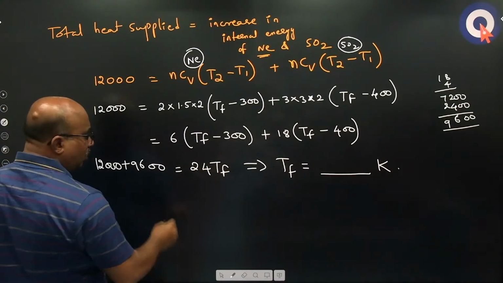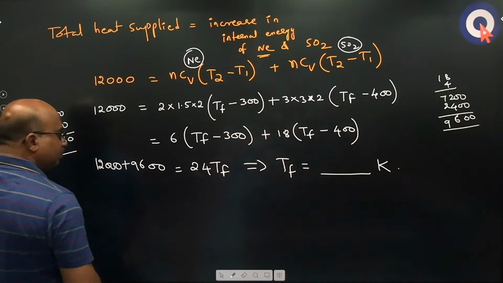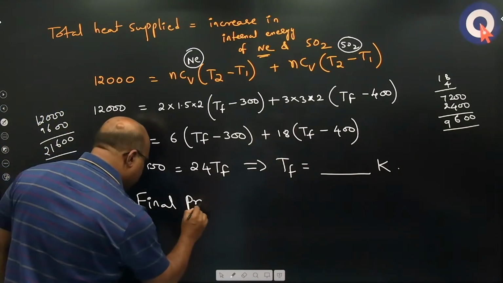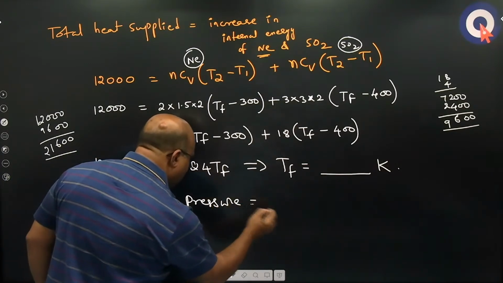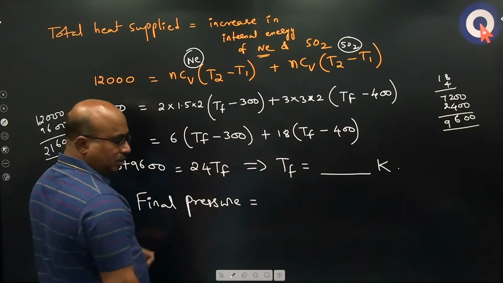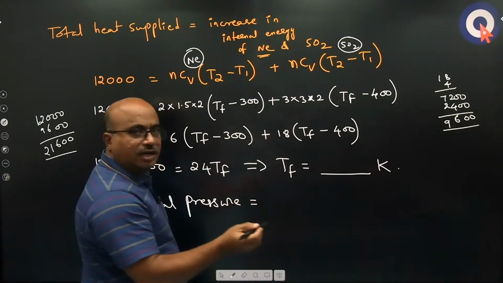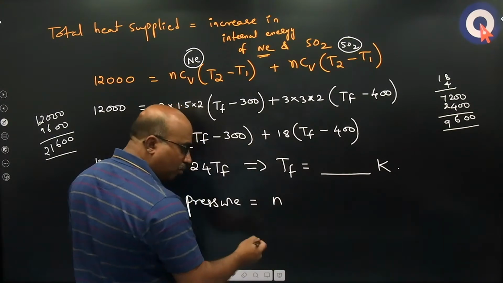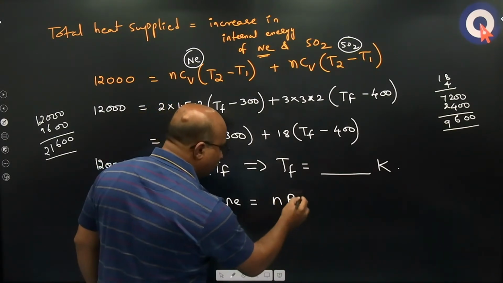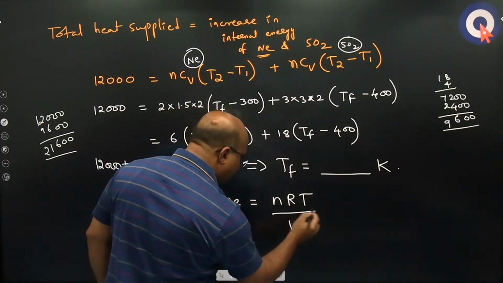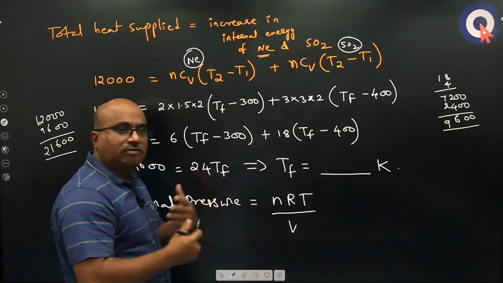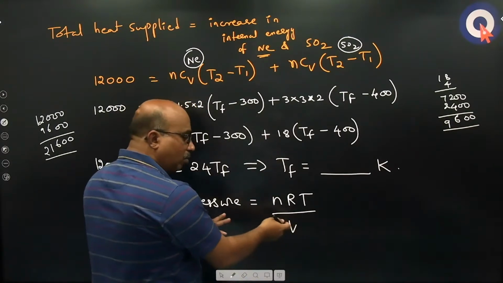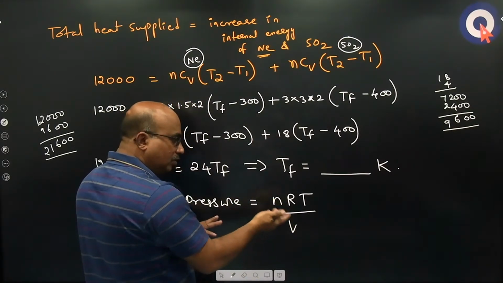Now what is the final pressure? We know the final temperature, so it's again the ideal gas equation using the total number of moles: total moles times R times T by V final. The gases spread into 2 containers when the valve is opened, so the total volume becomes 4 plus 6, that is 10.